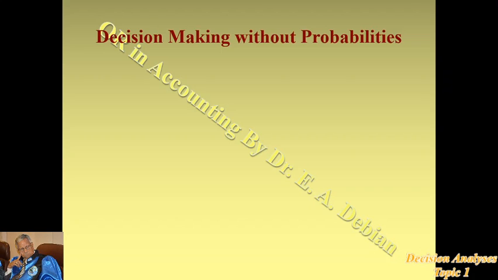Decision making without probabilities means the decision maker has no information he can use to assess probabilities, to assess a certain type of likelihoods, to differentiate between different environmental conditions or different states of nature.